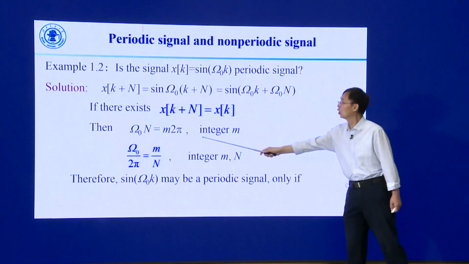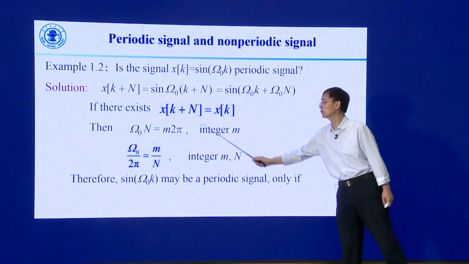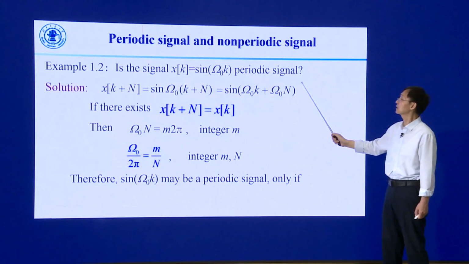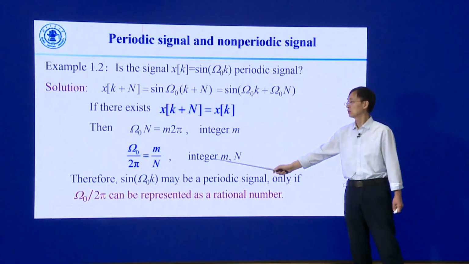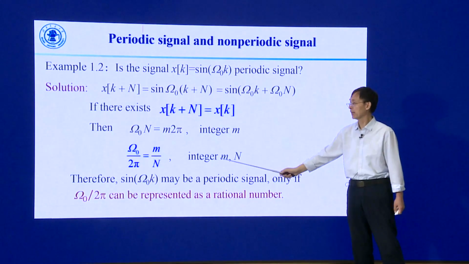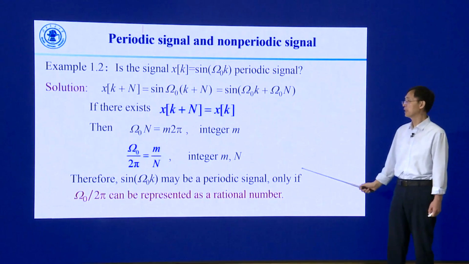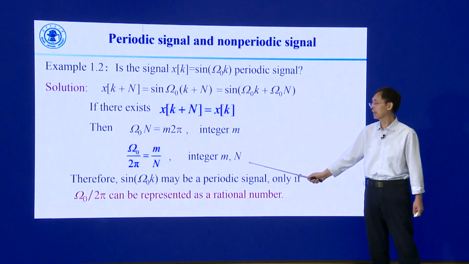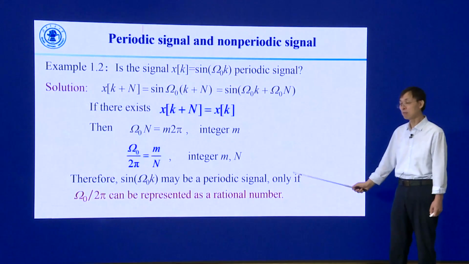If the omega 0 satisfies this equation, the signal is a periodic signal. So, sine omega 0 k may be a periodic signal only if omega 0 over 2 times pi can be represented as a rational number.